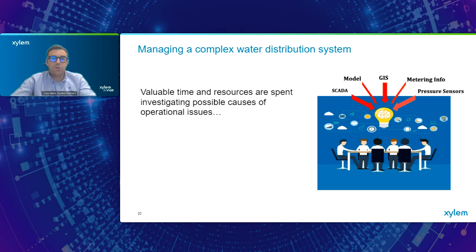But it's important to mention that none of them are capable of telling the entire story, which still makes teams spend a lot of time figuring out the real cause of most of the issues. So by integrating key aspects of these systems and information into the solution, our platform, let's say, can shed light on the water distribution system.